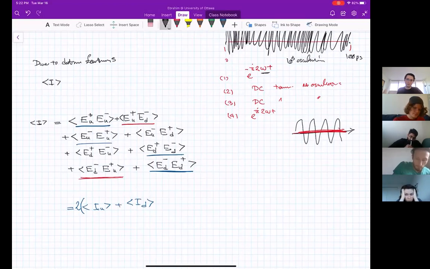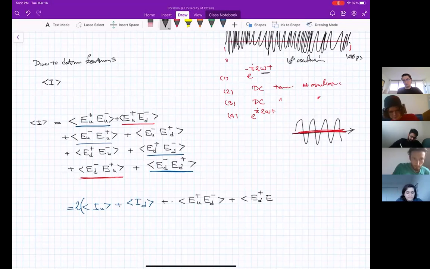So I do have plus E plus D, E minus U, plus the last one, E negative, E positive D. Let's write it the other way because I want to go with the conjugate.